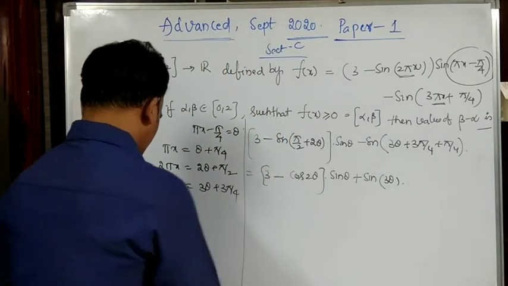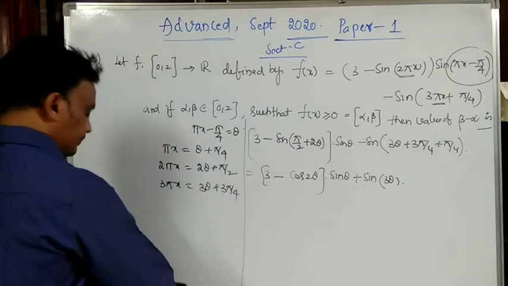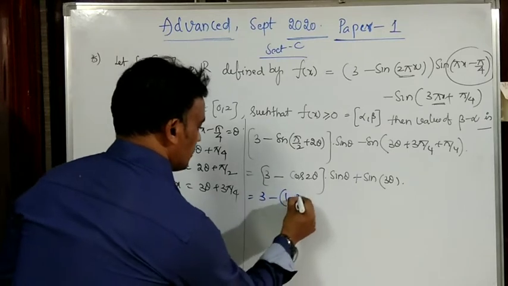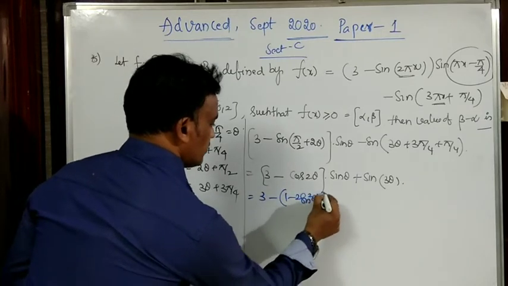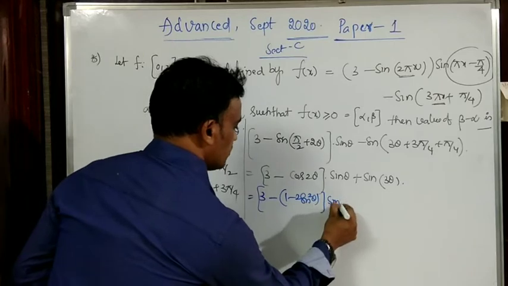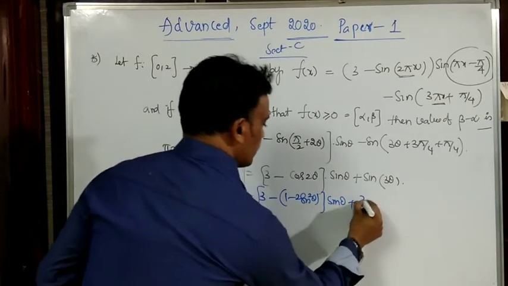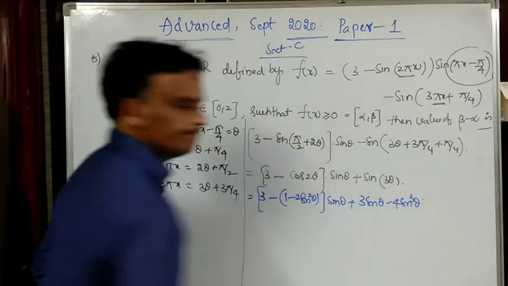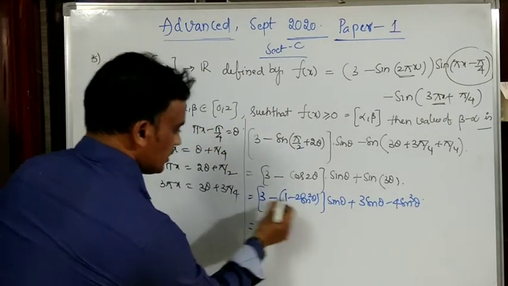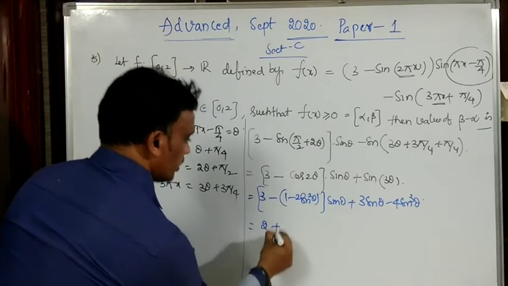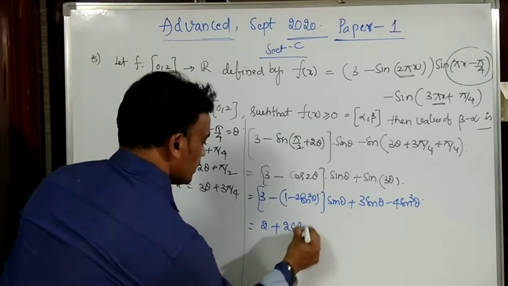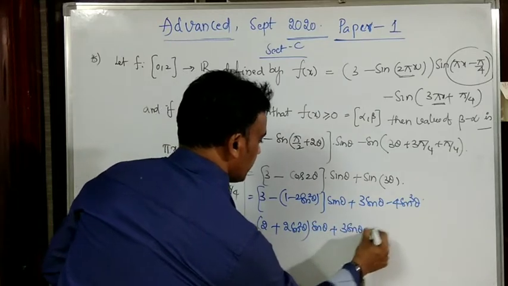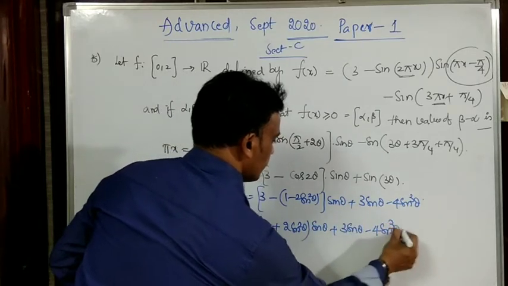Now expanding this, you get 3 minus (1 minus 2 sin squared theta) times sin theta, plus sin 3 theta, which is 3 sin theta minus 4 sin cubed theta. This is 3 minus 1, 2, plus 2 sin squared theta times sin theta plus 3 sin theta minus 4 sin cubed theta.